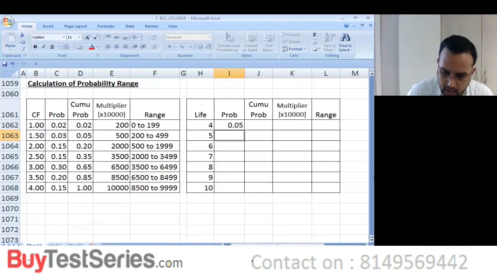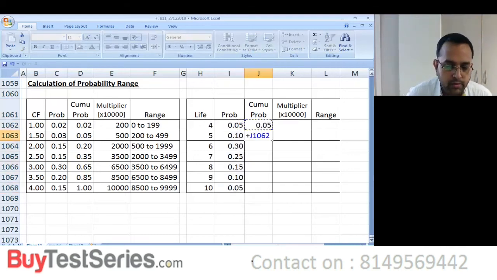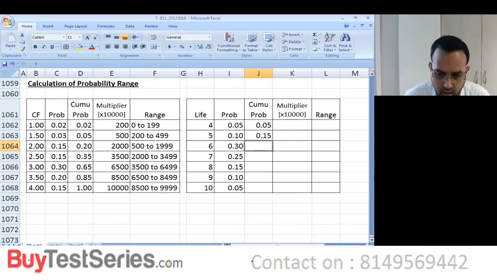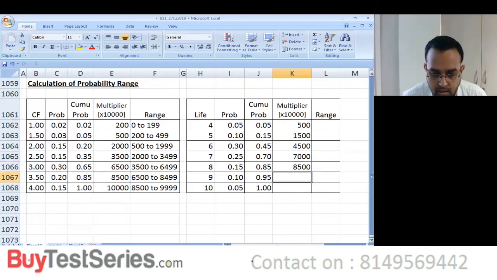Probabilities are 0.05, 0.1, 0.3, 0.25, 0.15, 0.1, and 0.05. And cumulative probabilities are 0.05, 0.15, 0.45, 0.7, 0.85, 0.95, and 1. Multiply everything with 10,000, which is 500, 1,500, 4,500, 7,000, 8,500, 9,500, and 10,000, right?